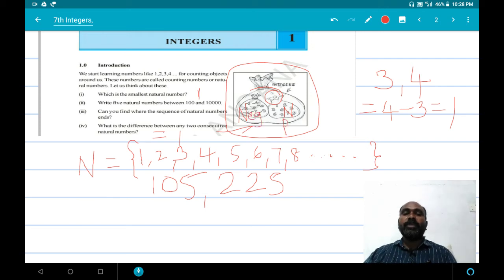Here positive numbers, here 0, and here negative numbers. Together, negative numbers, positive numbers and 0 are called integers. Okay.